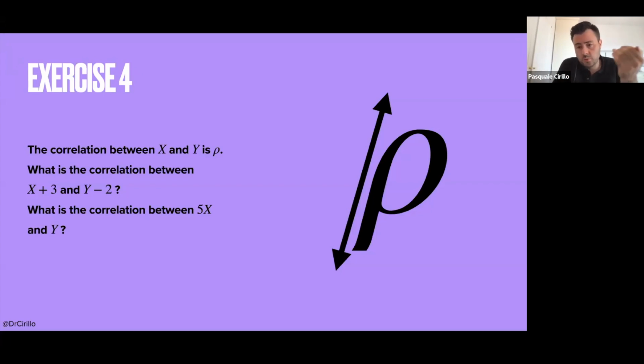I showed you before that the correlation between two random variables inherits the properties of the standard deviation. The standard deviation does not change if I add or remove a quantity, and together with the covariance, it compensates if I multiply by a quantity.